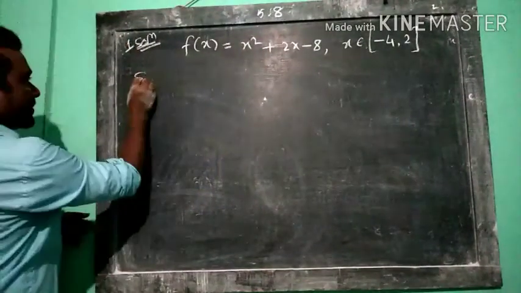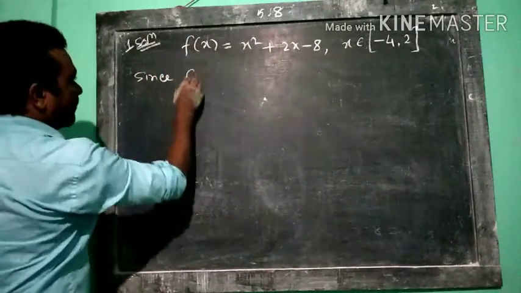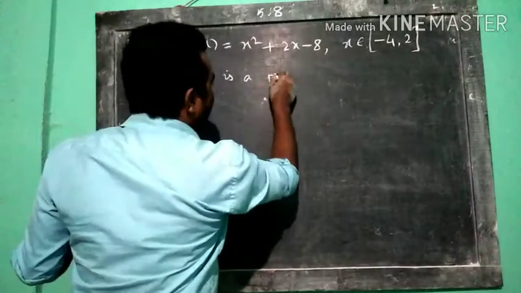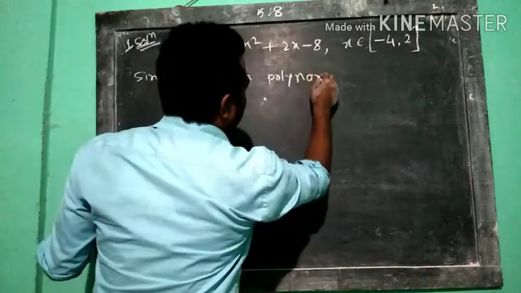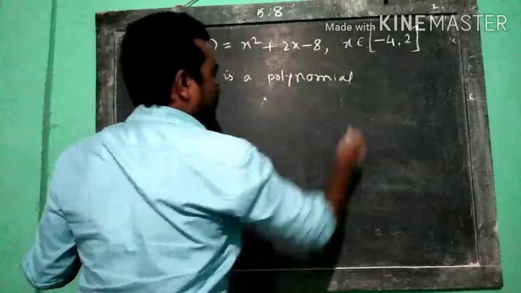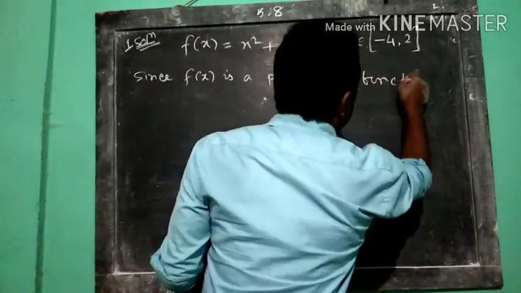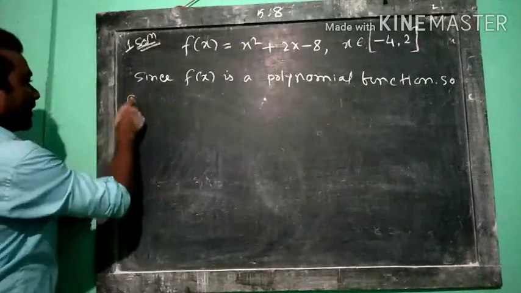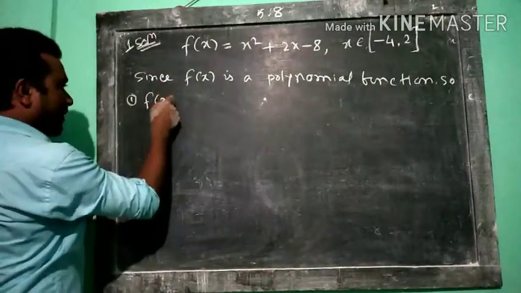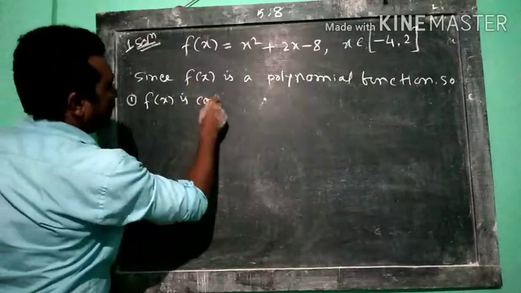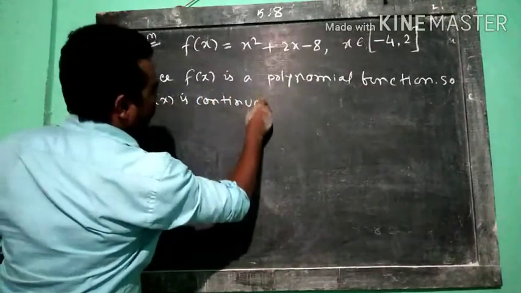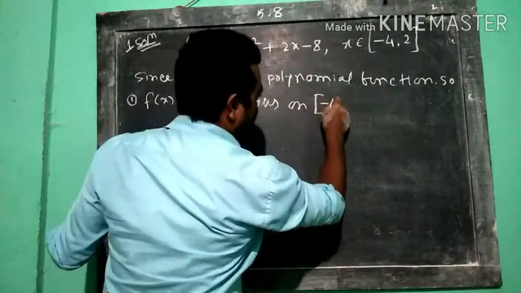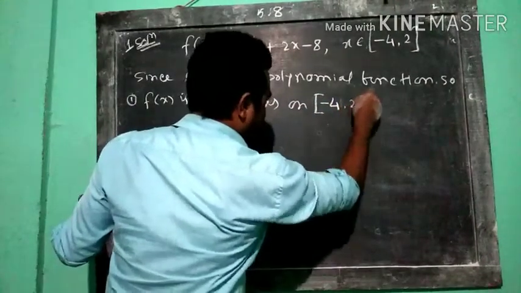So since f(x) is a polynomial function, number 1, f(x) is continuous on the closed interval [-4, 2].